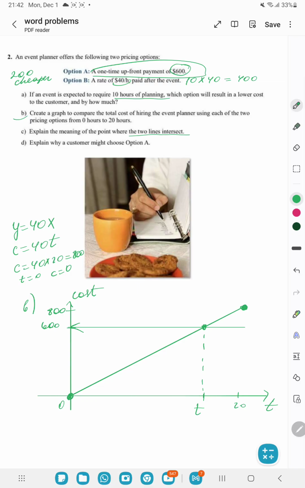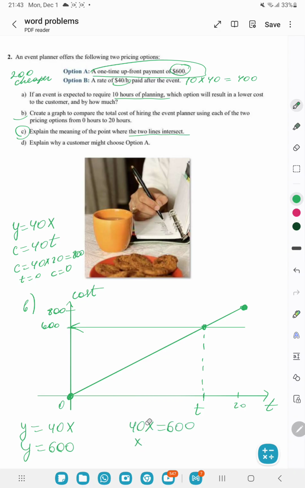Explain why a customer might choose option A. Let's look at C one more time. What's the point t here? They both have the same value. We have one function y equals 40x, the other function y equals 600. Both of the y values are the same, so we can write 40x equals 600.